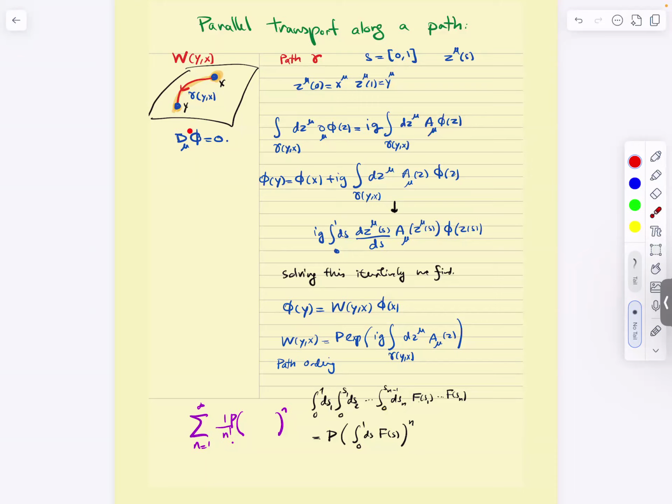This is the covariant derivative, del mu plus i e A mu. So if the covariant derivative is 0, that's parallel transport. This is how it's done. Therefore, phi of y is basically phi of x plus ig, this operator acting on phi of z. This operator is the Wilson line.